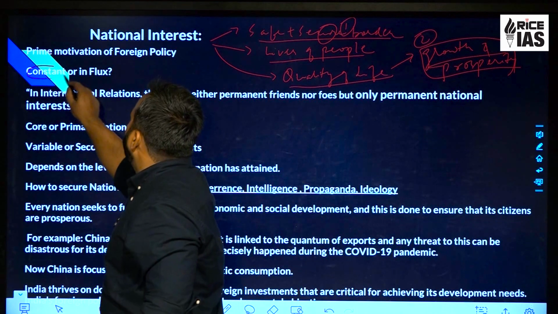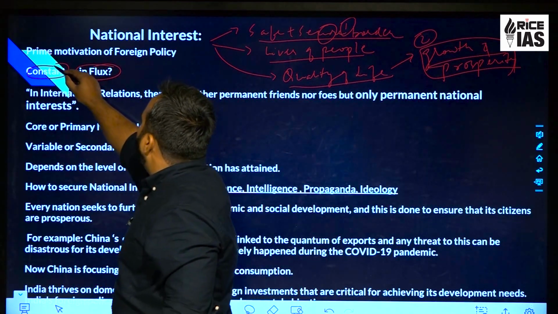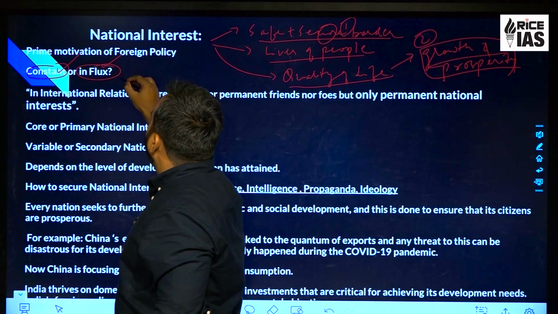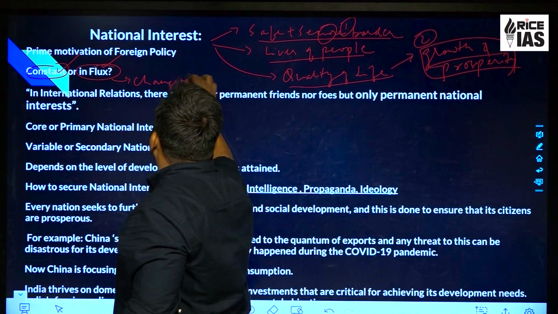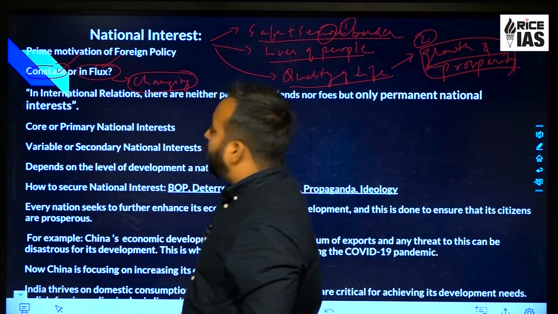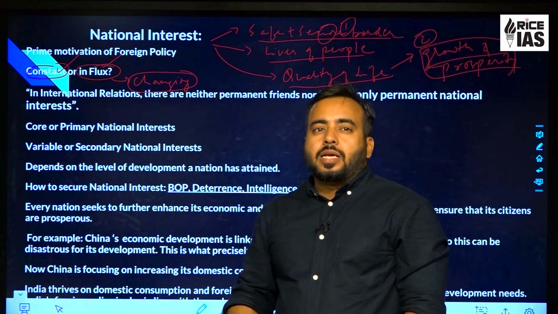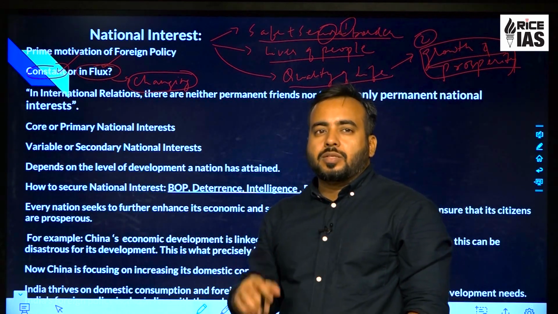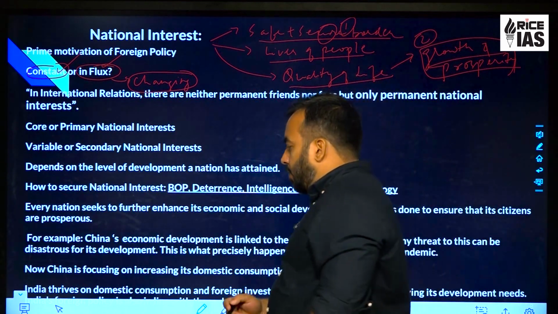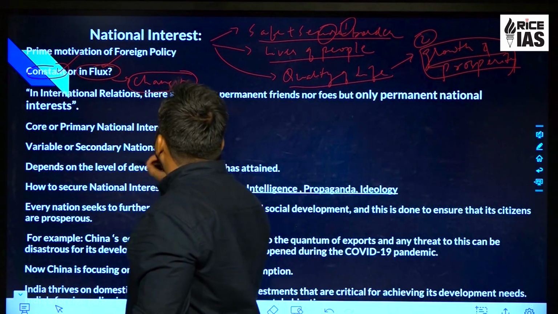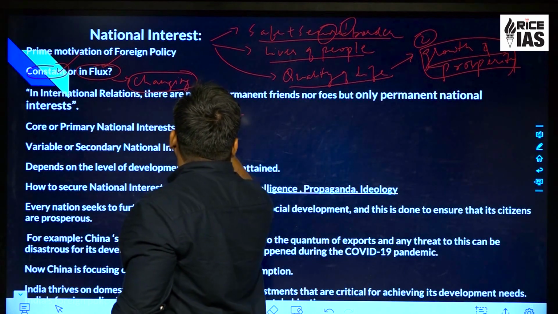Are national interests constant or are they in flux? The answer is they are constant, and they are also constantly changing. Depending on the specific time period, the national interest has certain constants and certain variables. For example, at some point of time, we had a deficit of grains, a food deficit.